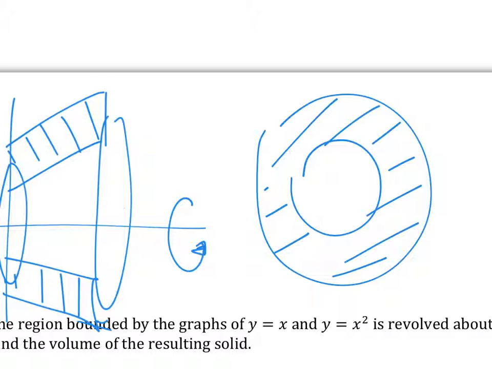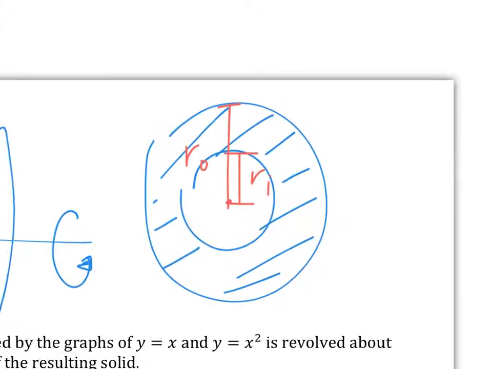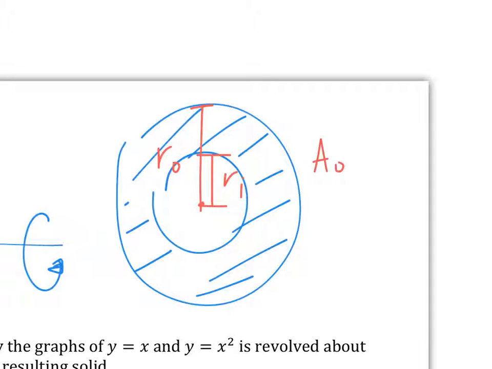Yes. Okay. So we have 2 circles, and let's say this is the outer radius, r outer, so r_o, and then this is the inner radius. Let's say r_i for inside. The area that is shaded is going to be the area on the outside minus the area inside, right?